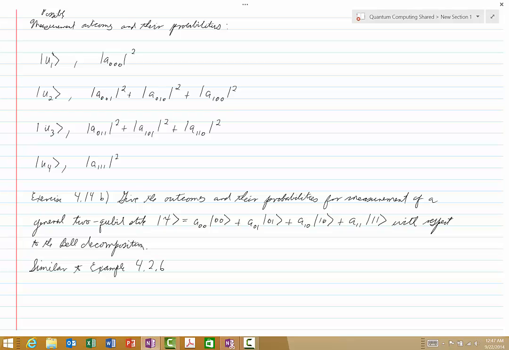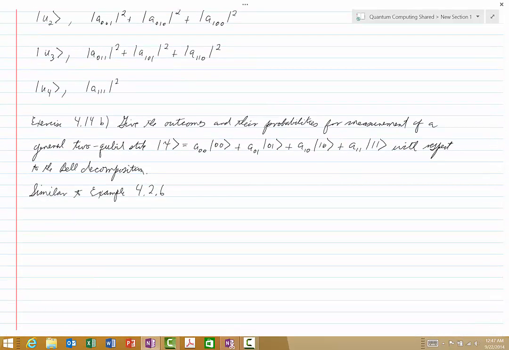Okay, so for this problem, I want to begin with just a reminder to you of the Bell basis. And you will recall that we have phi plus, which is 1 over square root of 2, 0, 0, plus 1, 1.